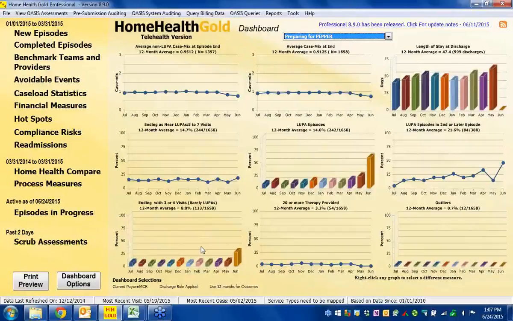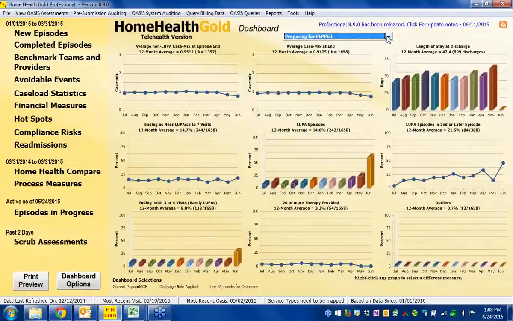Someone has to be on the extreme end of these, and those are the people that are going to get in the crosshairs of the PEPR report to see who's in the worst 10th percentile or 20th percentile. So we've had that type of information in Home Health Gold, so we were happy to be able to pull that together to give you a chance to study that about your agencies in a preemptive fashion.